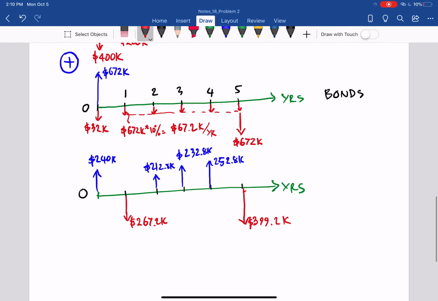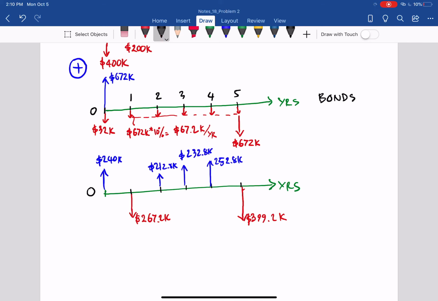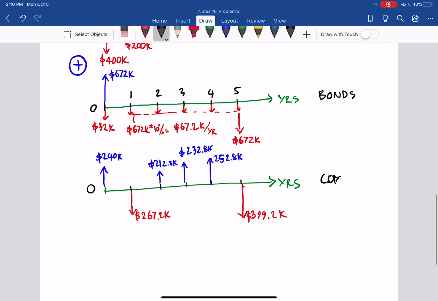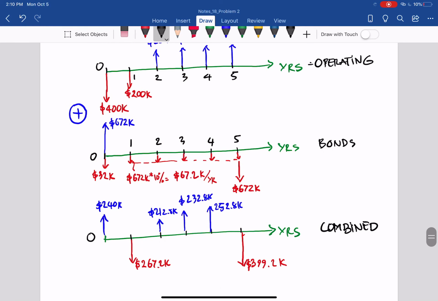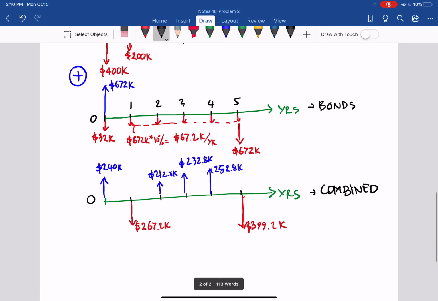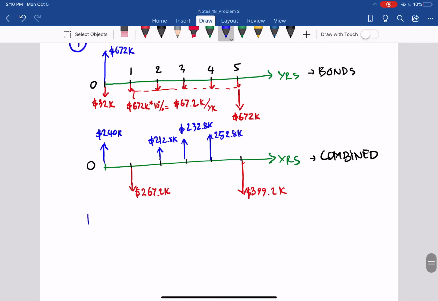Okay, then we already have the combined cash flow. Then we can find the NPV, NPV B. So do it one by one. In this case at year 0, it's positive, so we have 240.